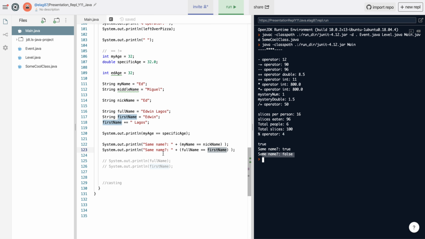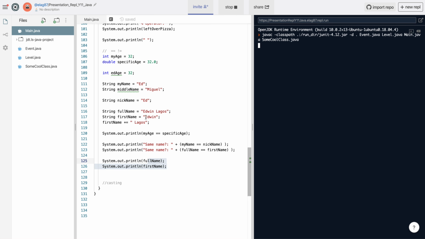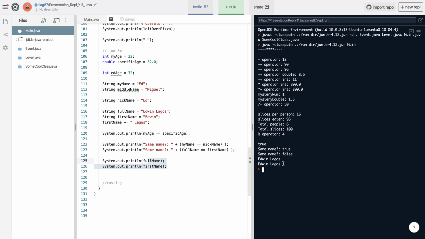Now, how come? In here, strings were able to give me a value that was what I expected, but here these strings are not giving me the value that I expected. So maybe I should check that. Maybe I can print them out and see if I added those correctly and see if these two are exactly the same. And if you look at it, both of them are exactly the same. So how come this doesn't give me what I wanted?